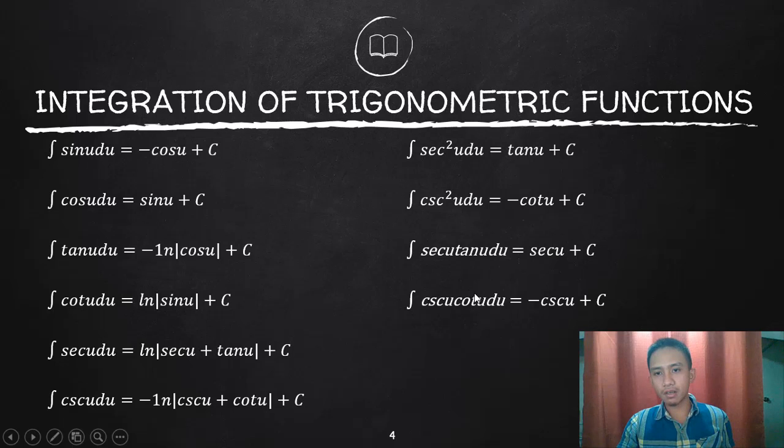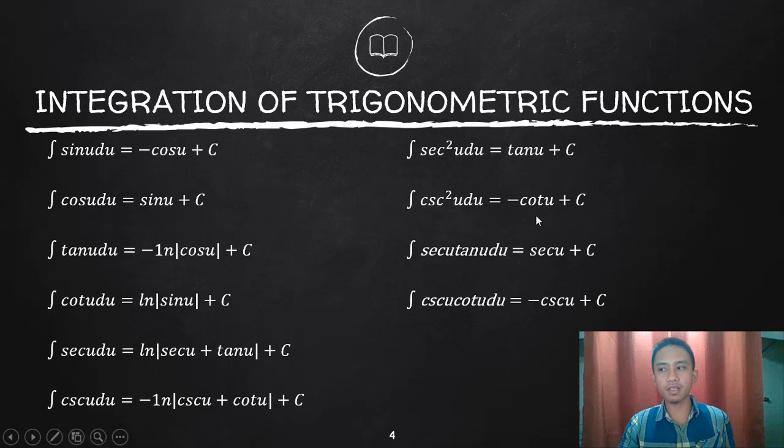But if you try to look here on the right side of our screen, these are actually the reverse of the derivatives of trigonometric functions. In your differential calculus, you discussed what are the derivatives of tangent, cotangent, secant, and cosecant. Actually, these are just the reverse.